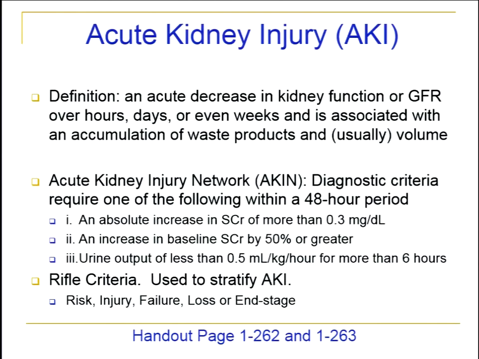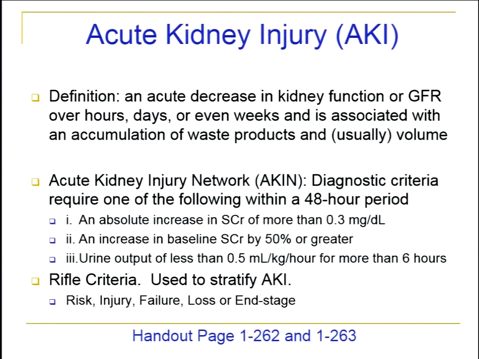So acute kidney injury, which this patient is obviously experiencing, is an acute decline in kidney function. That is often over a period of hours to days, but can even progress more slowly over a period of weeks, resulting in the accumulation of waste products. Often we see an increase in BUN, and often there's an increase in volume as well.